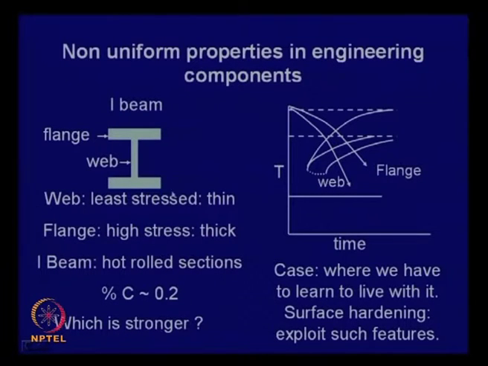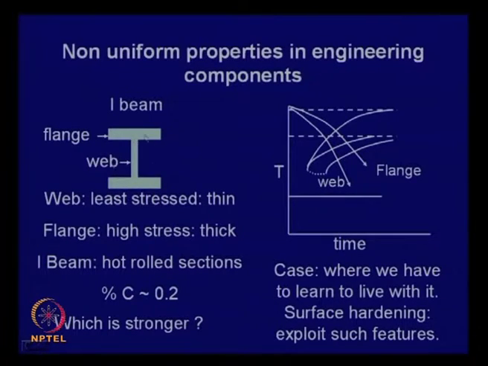Here, although the designer may specify properties based on the web, the most critically stressed region is actually the flange. That is why it is made thicker. This is where we learn to live with it. This is not intentional; it is because of size limitation that you get different properties.